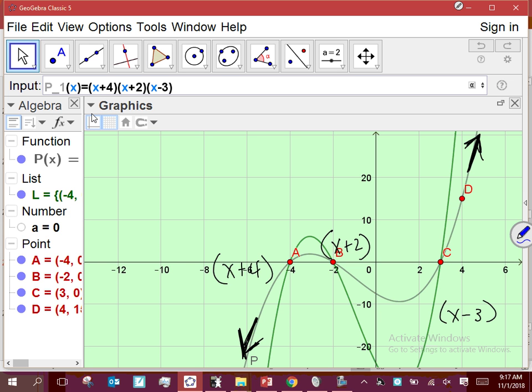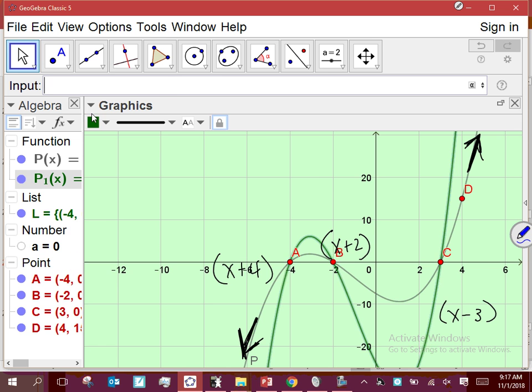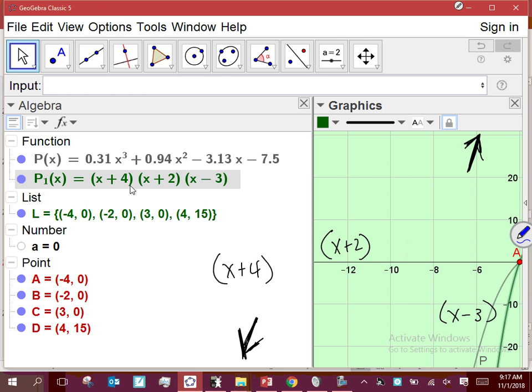And it puts in there that green curve. It's not exactly what I wanted, right? It's not exactly what I had up there. Okay? Because if I hit enter on that, it is a green one, okay? What's the difference? Now it's not expanded, but if you think about multiplying that out, FOIL out x plus 4, x plus 2, x minus 3.